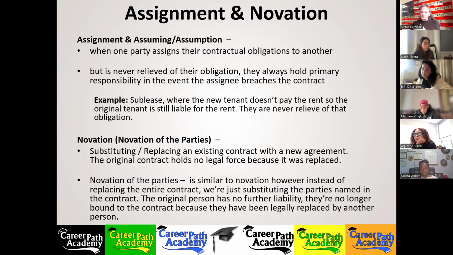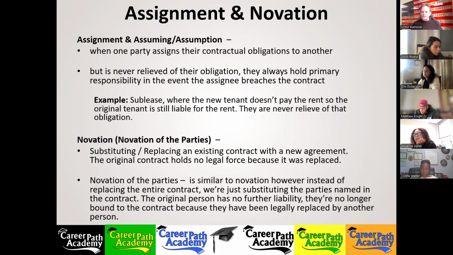Or if you don't want to replace the entire contract, you could just replace the people that are named in the contract, and that's called novation of the parties. It relieves the original person named in the contract of their obligations, and the new person's taking it over, and they'll become legally responsible now. That's novation of the parties.